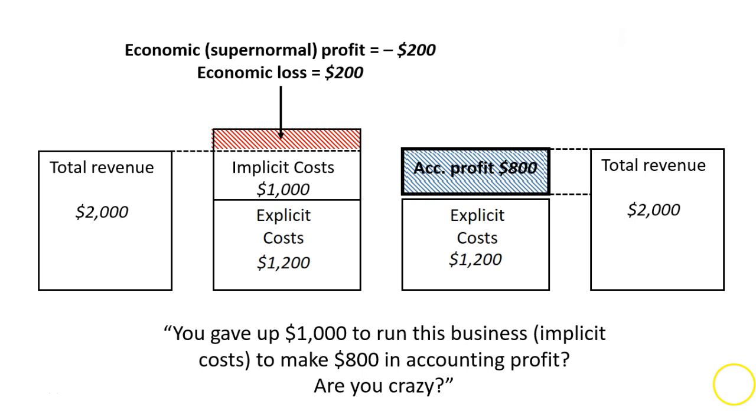You gave that up, $1,000 a week, to run this business in order to make $800 accounting profit. Now, that doesn't make much sense. You gave up $1,000 in order to make $800. You're losing money. It's not rational behaviour. In which case, you should consider the possibility of shutting your doors, at least temporarily, or leaving the market altogether in the long run, and we'll see what the long run means in a minute.